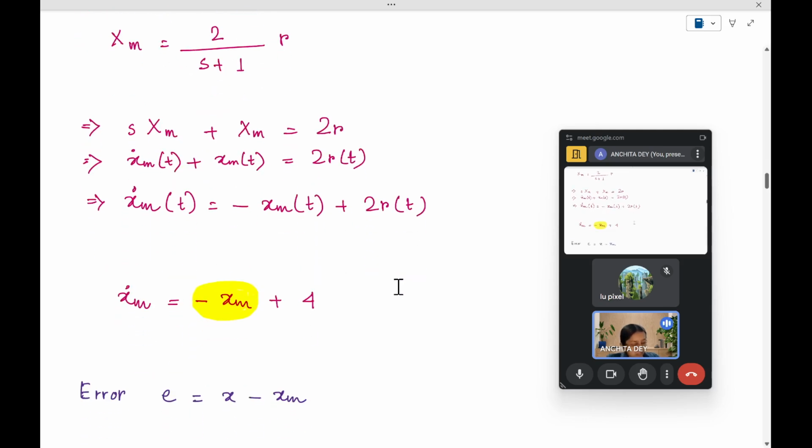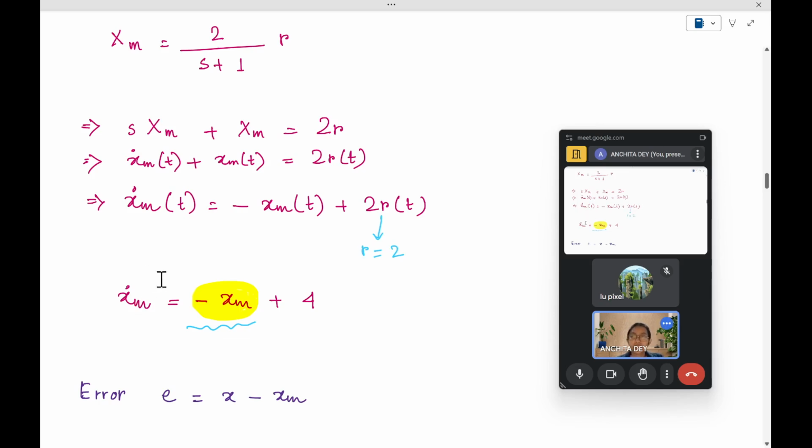Now, interestingly, like we had noticed earlier as well, the pole was in the left half plane, which made this model a good enough model to be followed. And you can see here as well, we have this minus xm. I've just replaced r to be equal to 2 here because it was given in the question.